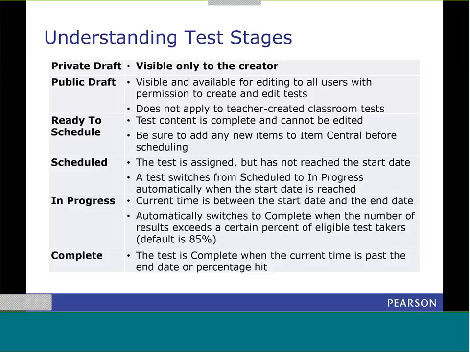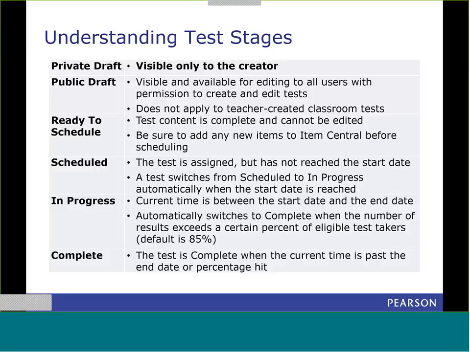So the next stage is what we call in progress, which is when the test will automatically switch to that stage when the start date is reached. So an assessment will stay in an in-progress stage between the start and end date, or it will automatically switch to the next stage, which is complete, when the end date hits or when the number of results exceeds a certain percentage of eligible test takers.